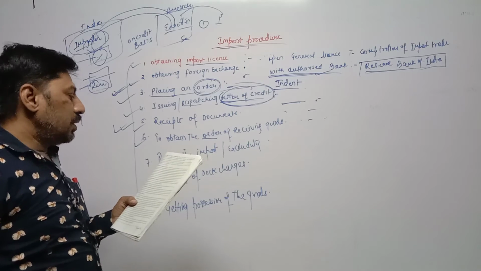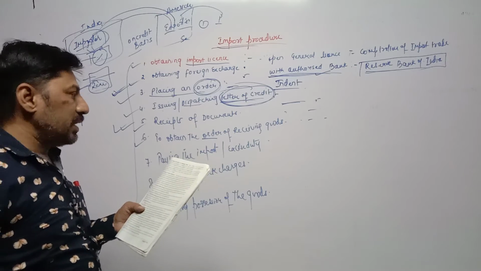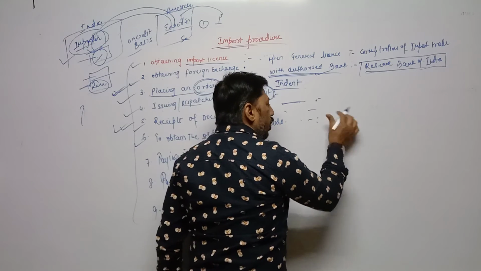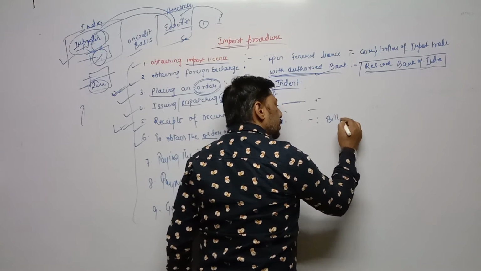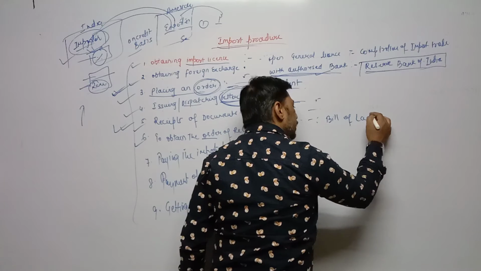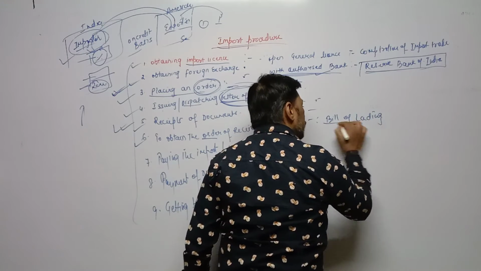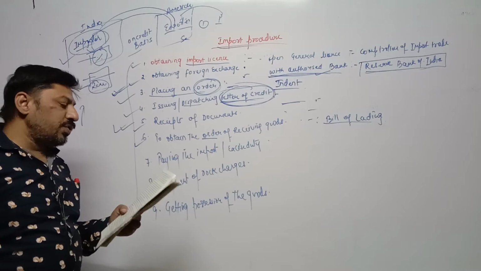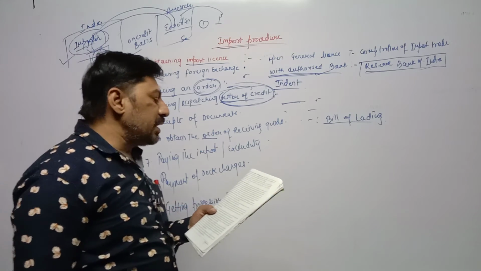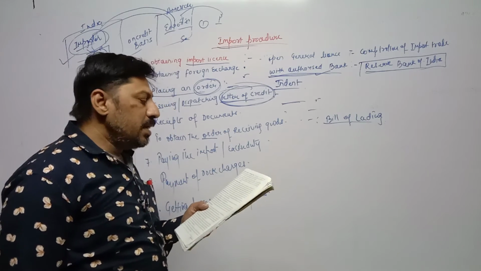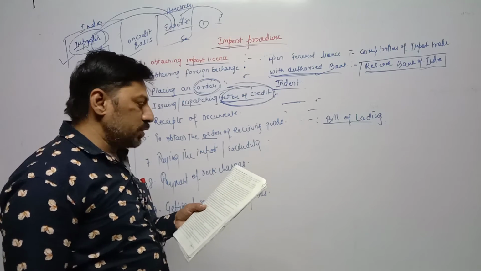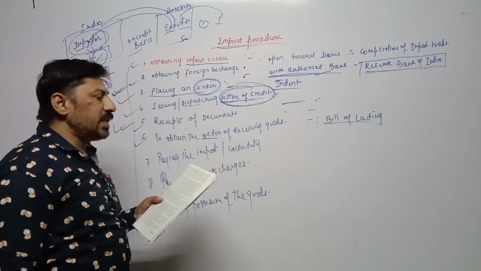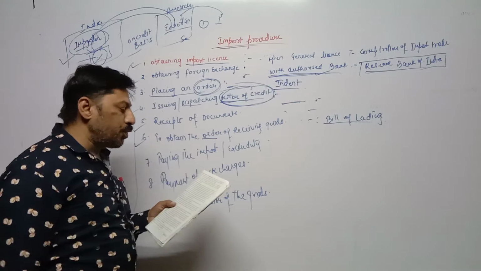So to obtain the order of receiving goods, that letter is called bill of lading. Bill of lading is one of the documents received by the importer, which shows the ownership of goods, meaning he has purchased the goods and those goods belong to that particular importer.